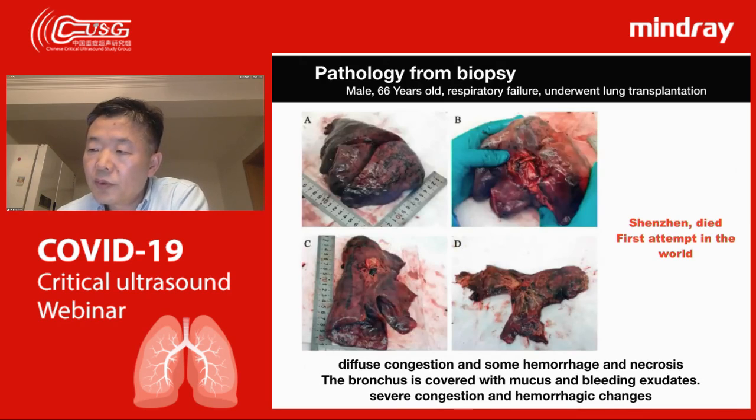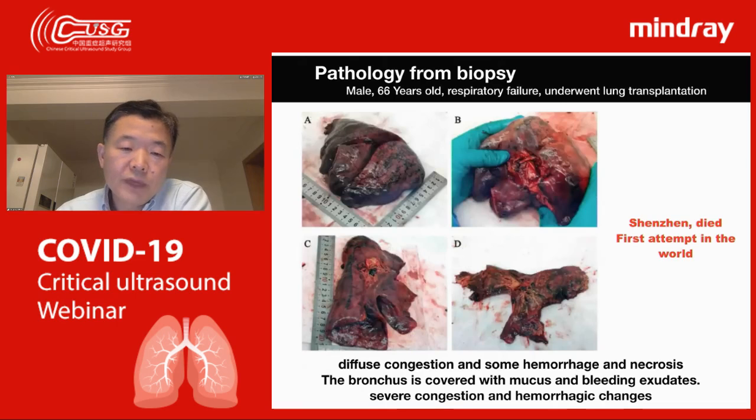Notably, the hemorrhagic necrosis mainly occurred in the outer margin of the right lower lobe, middle lobe, and upper lobe of the lung. And the bronchus is covered with mucus and bleeding exudates. There were several congestion and hemorrhage changes in the lung section. So you see this part like this.